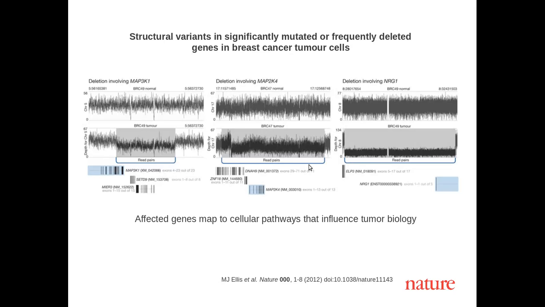This is one of the ways in which structural variants affect the cell, and they can lead to the loss of tumor suppressors, that is, the loss of expression of a tumor suppressor, or the gain in expression, in the case of other types of structural variation, of proto-oncogenes.